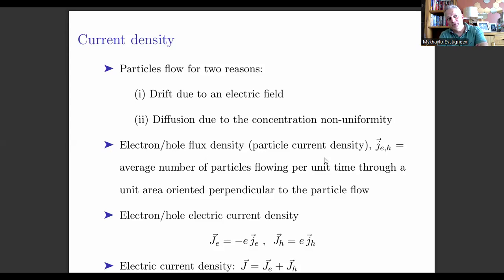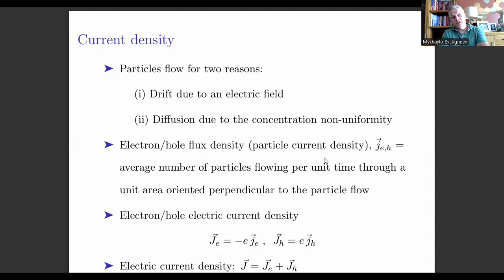So particle flux density, or particle current density, that's another name, tells you how many particles get transferred per unit time through a unit surface area oriented perpendicular to the direction of the particle flow. In this way, particle current density or particle flux density is defined.